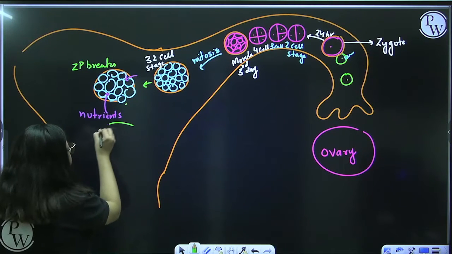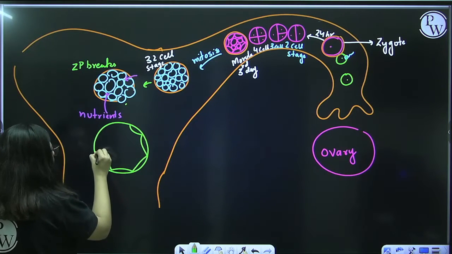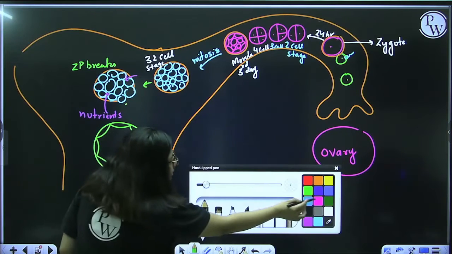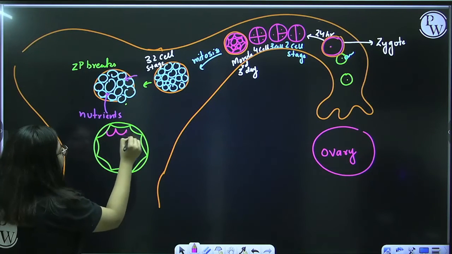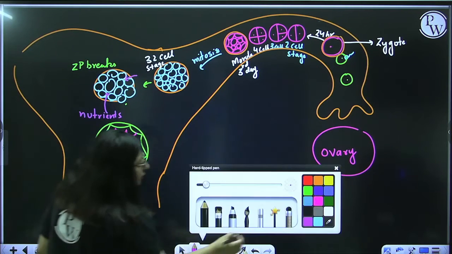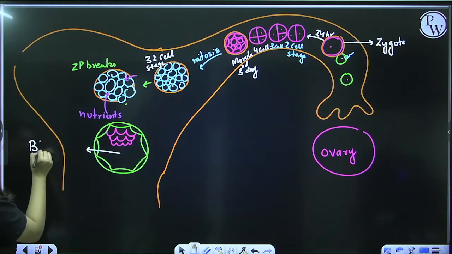So this will look something like this. Some cells will form a wall, some cells will gather here like this, and this cavity will be formed. The name of the cavity is blastocele.